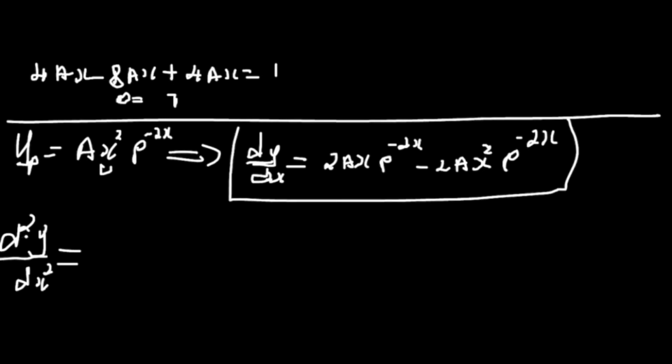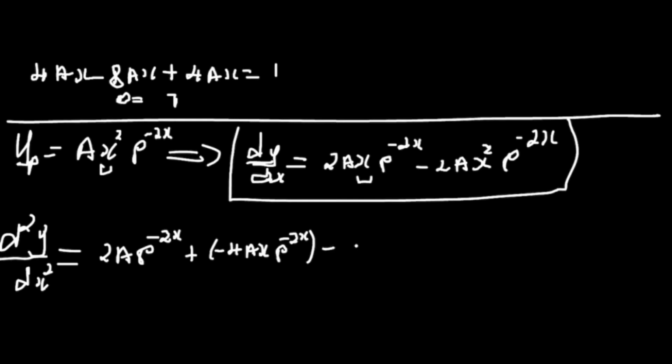Now if we look for our second derivative, d squared y over dx squared, we keep this constant and differentiate this, so we're simply going to have 2a e to the minus 2x, plus minus 4ax e to the minus 2x.